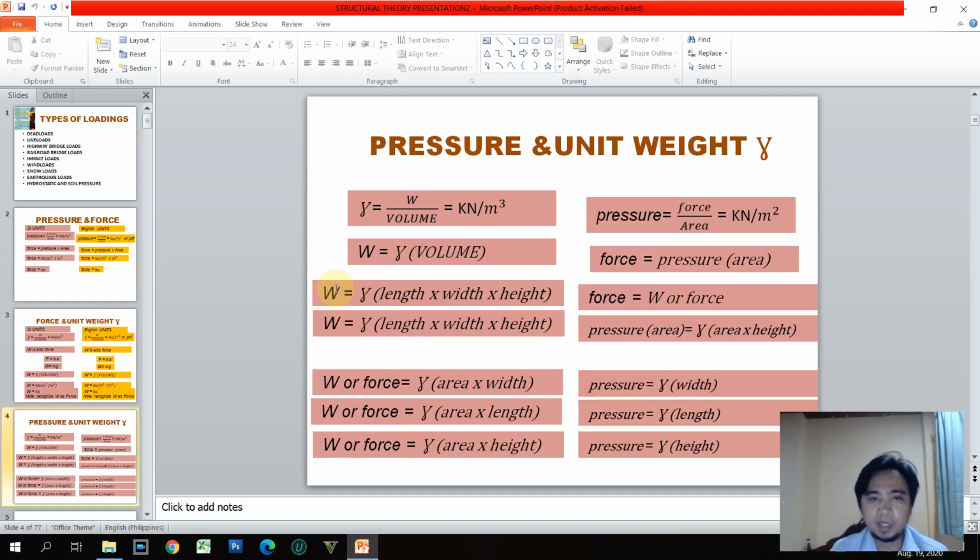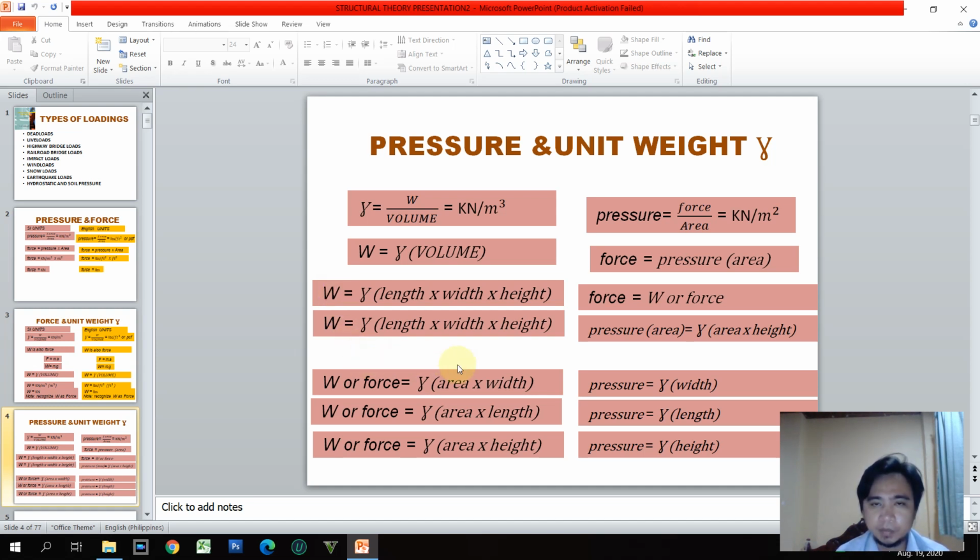So by that, pressure and unit weight have a common variable, that is the force itself. So W is derived by gamma multiplying it by the volume to come up with the force, and then pressure, just multiply it by the area. Okay, by the area we will derive the force.